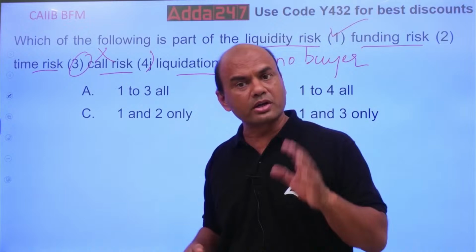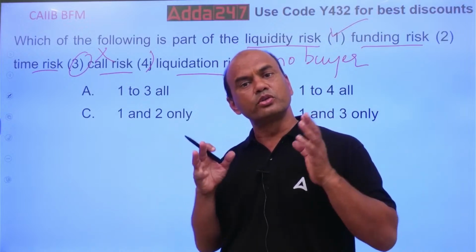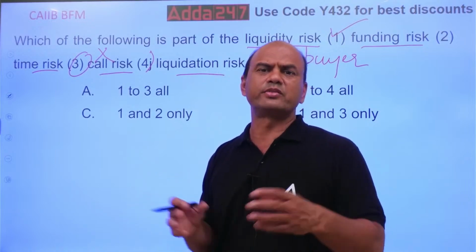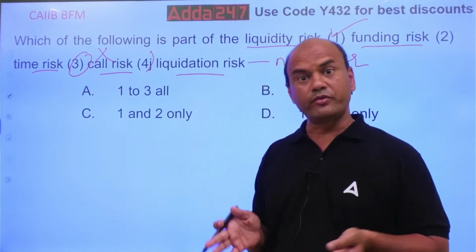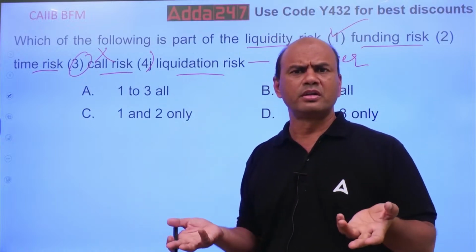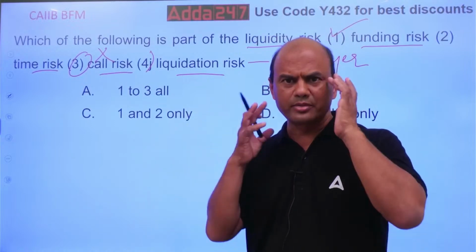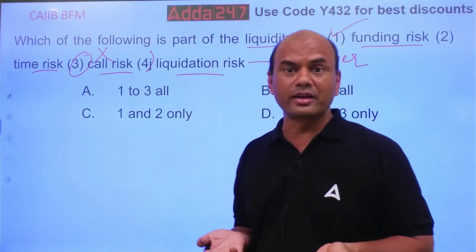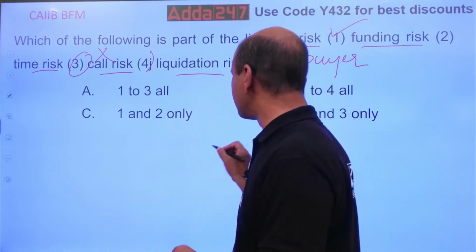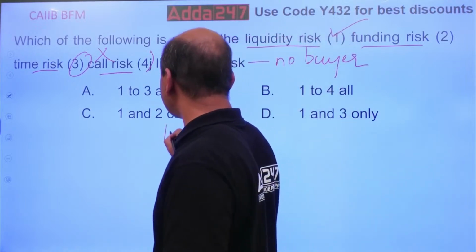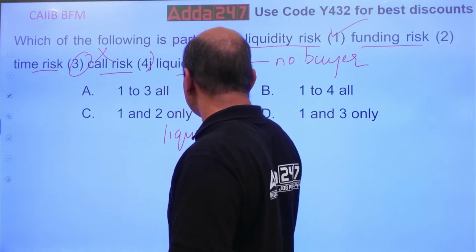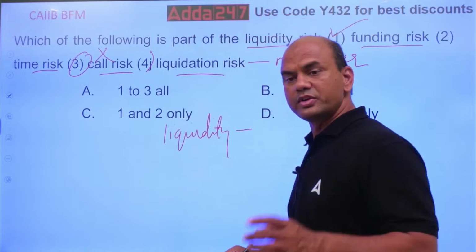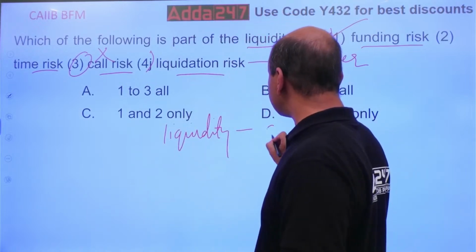Whenever I am doing short term trading, I must always follow those bonds only which are having immediate buyers. Otherwise, why should I buy it? Always remember, for short-term trading or short-term liquidity, you must always buy those bonds which are immediately sellable.